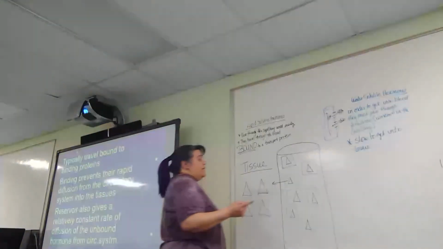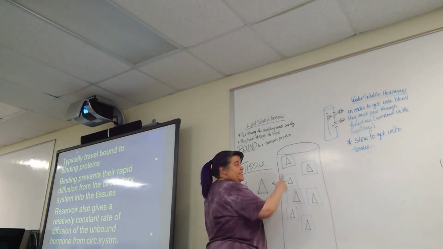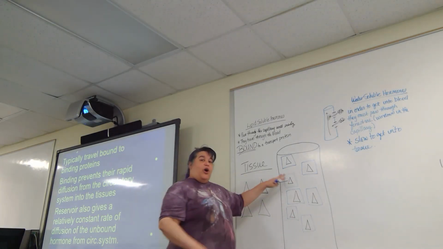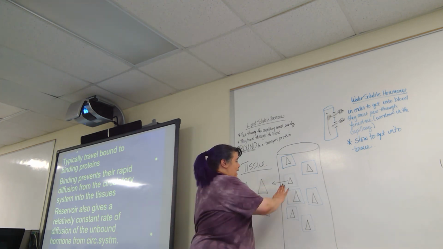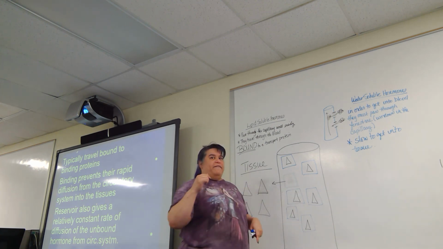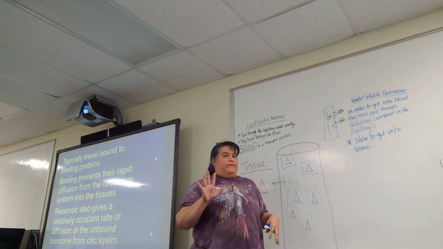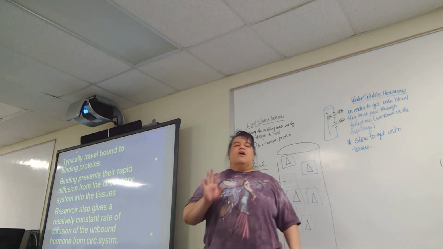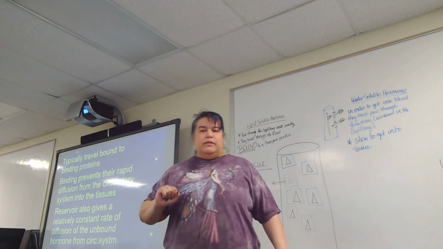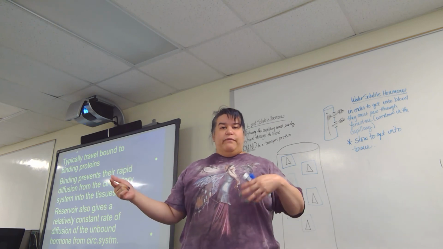So you kind of got this constant replacement rate. Now, let's say for the sake of argument that 6 triangles bound are the normal number that you have in your bloodstream. Well, when I took this one out, now I have 5, right? Only have 5. That's when the signal goes to the gland, and the gland goes, okay, I need to make some more and put those in the bloodstream. And it replaces whatever was taken.